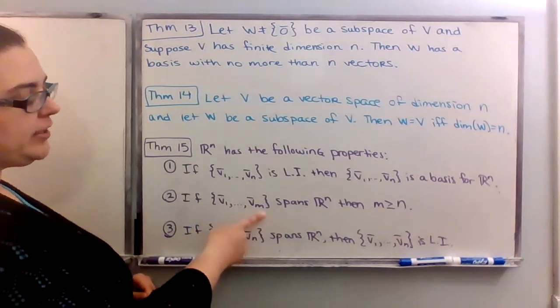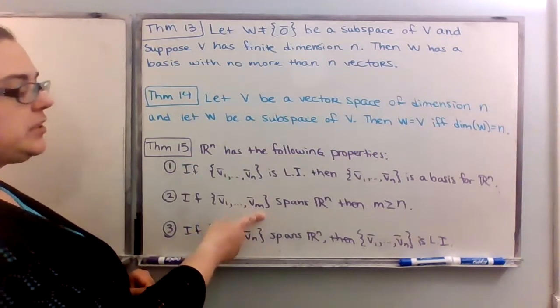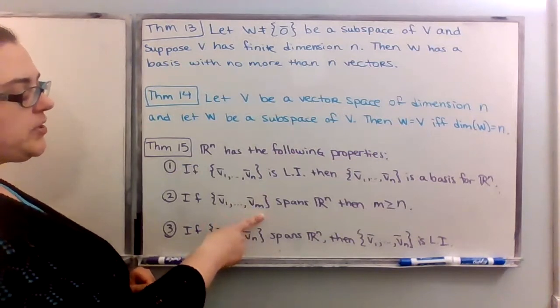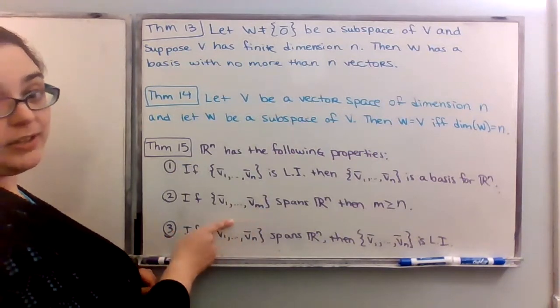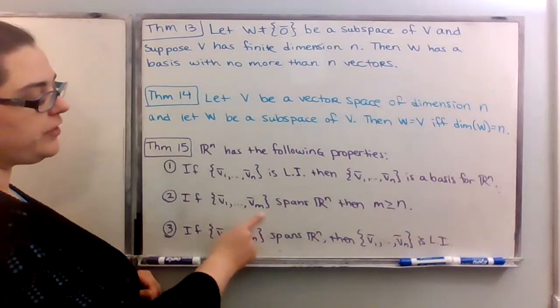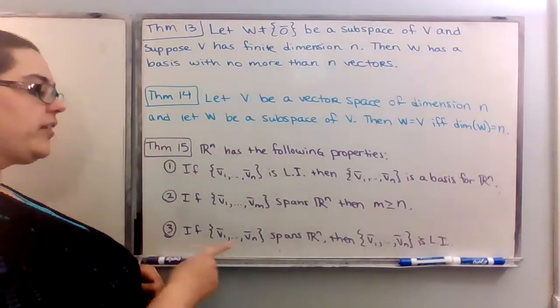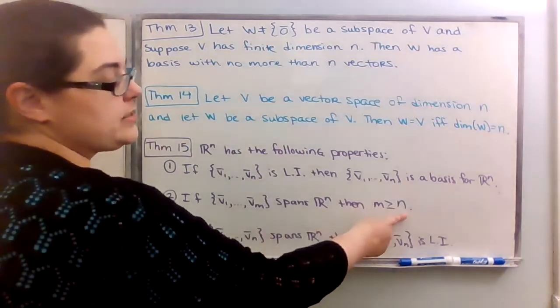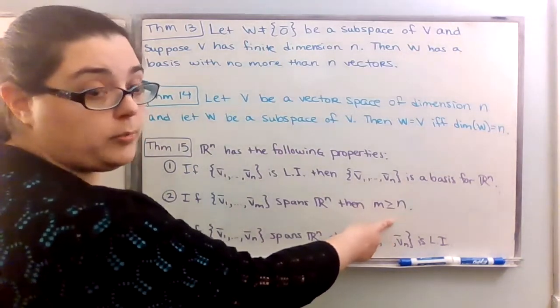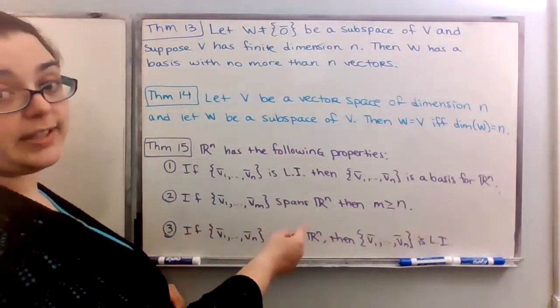Now here it's m vectors, not n, and I don't know if these are linearly independent or not. So if I have a collection of vectors that span all of Rn, then I know that I have to have at least n elements. I can have more because there's nothing here saying that they're linearly independent.